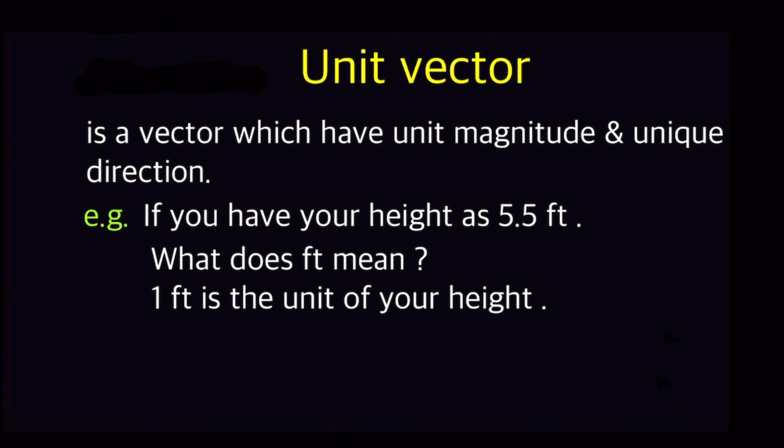In a similar fashion, vectors are measured in their unit. So, what did you do here to find the unit of your height? If your height was 5.5 feet, you divided 5.5 by 5.5 and you got 1 foot. You divided by the magnitude of this particular quantity and got the unit of your height.